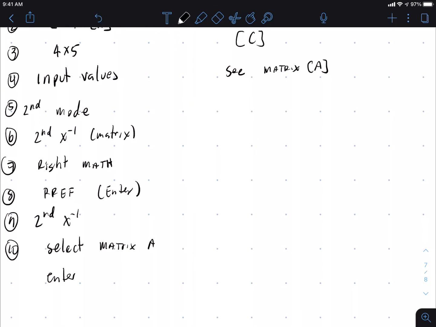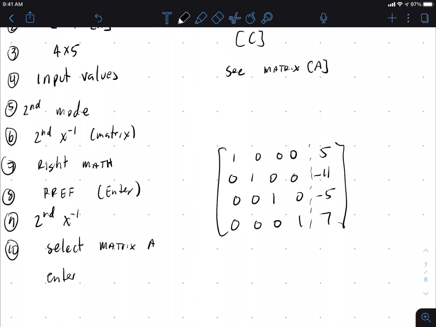And I got, oh, so maybe my matrix is wrong. I got 1, 0, 0, 0, 5, 0, 1, 0, 0, negative 11, 0, 0, 1, 0, negative 5, and 0, 0, 0, 1, 7. That's what I got. Okay, so now your A here is 5, your B is negative 11, your C is negative 5, your D is 7.